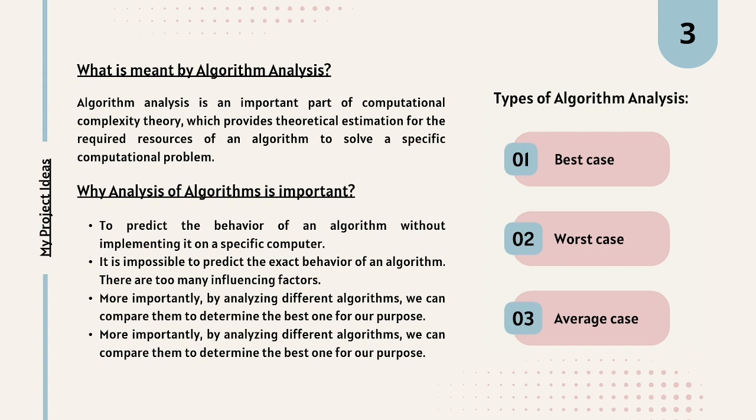More importantly, what does it do? By analyzing different algorithms, we can compare them to determine the best one for our purpose. Say for a certain problem, we have 7 to 8 different algorithms. If you can predict how much time and how many resources these algorithms are going to take, you can decide which is the best algorithm and work on that algorithm only.